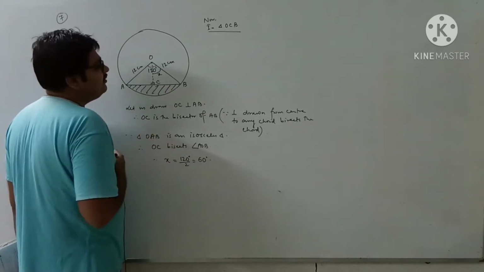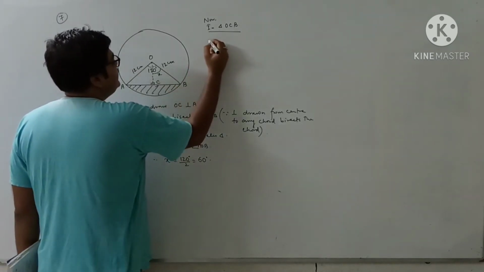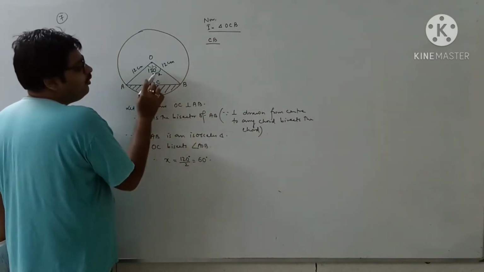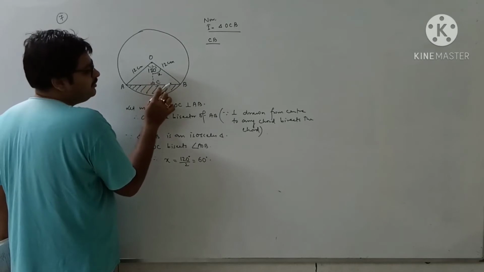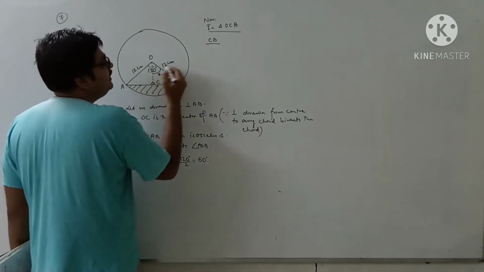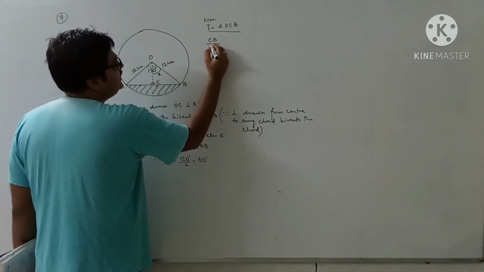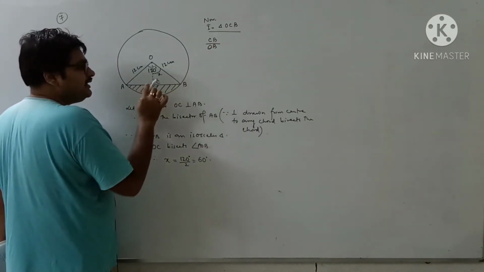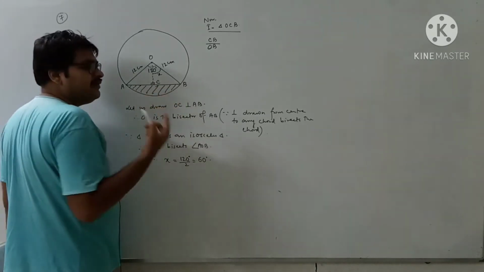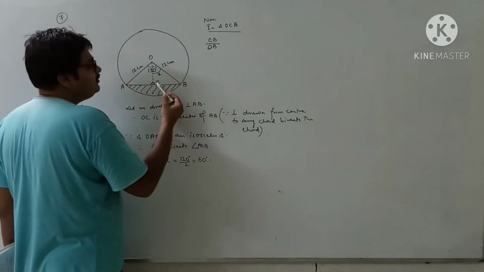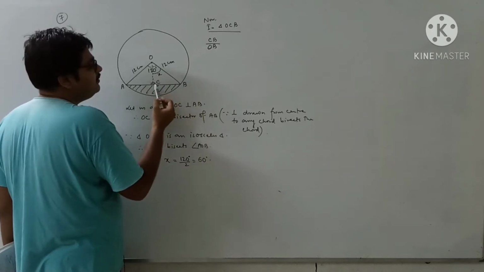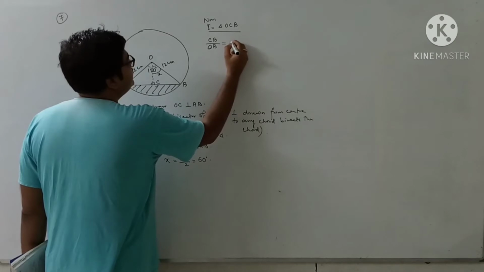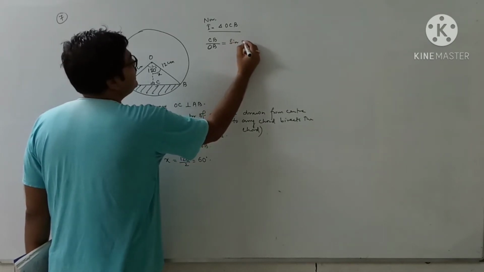So what can I write now? CB opposite to the angle which we have thought about. So this is perpendicular by hypotenuse OB, because opposite to right angle. Opposite to the angle which we have chosen, this is called perpendicular. Already we have learned in trigonometry. Opposite to right angle is called actually hypotenuse. So CB by OB, that is equal to sine x.